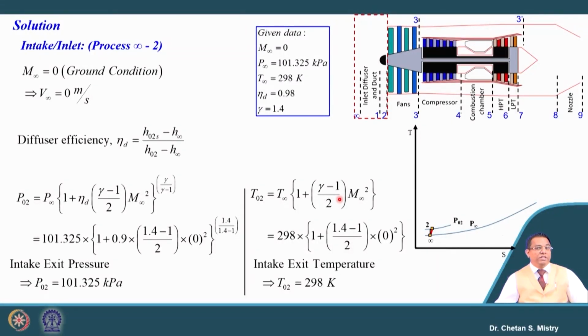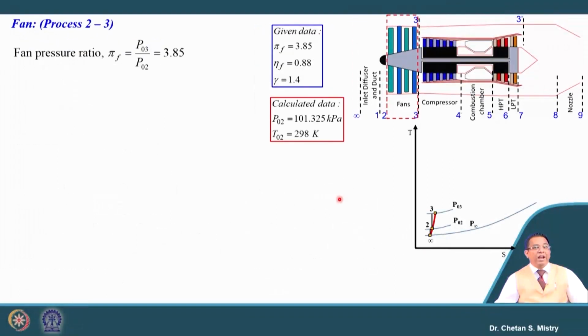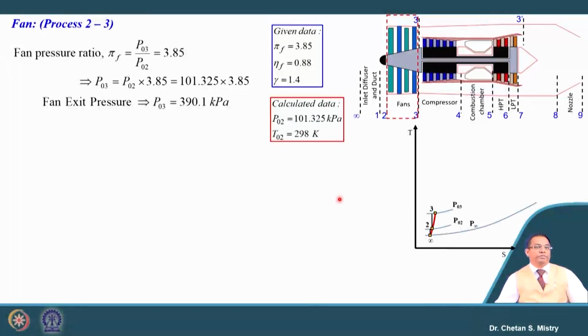We will be going with the next component. Our next component is, say, the fan, or we can say fans. For these fans we have our pressure ratio as 3.85. So, we can calculate the exit pressure from this fan, and this exit pressure is coming as 390.1 kilopascal.